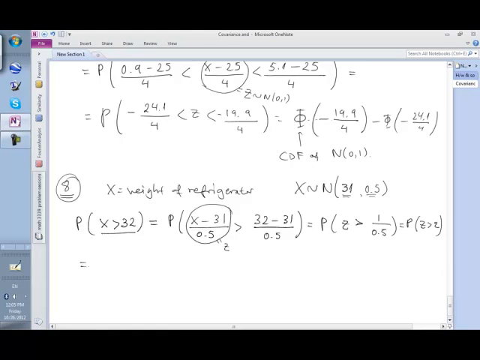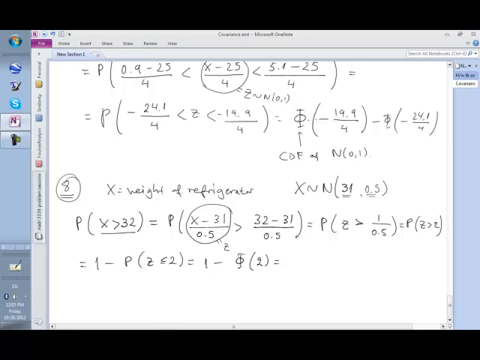And of course, we know the values. This would be 1 minus the probability that Z is less than or equal to 2. So this is 1 minus the value of the CDF of the standard normal at 2. So let's look at what this value is. In order to solve the problem, now we go to the tables here.